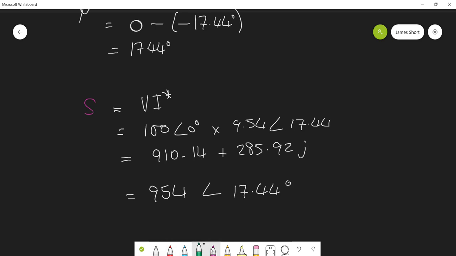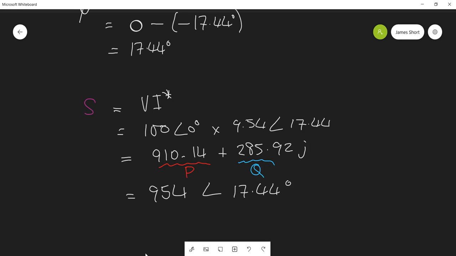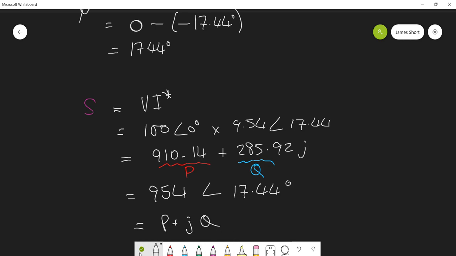And if you're a bit switched on, you'll notice here that this is P, and this is Q, because that's equal to P plus jQ. So we have our active and reactive power there.